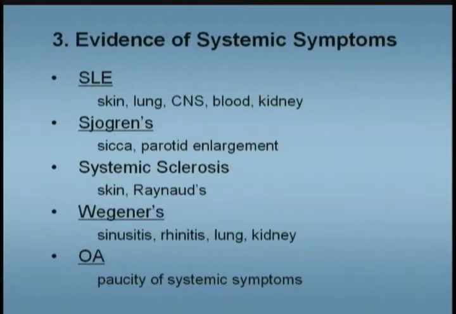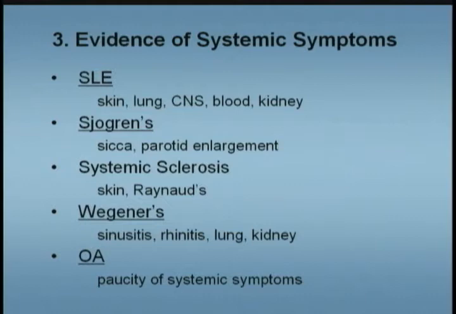The third one that's important in rheumatology, because some of these diseases have very interesting manifestations and systemic symptoms, is evidence of systemic symptoms. That's what you look for. And think about the different diseases. For example, lupus is going to present with multiple organs involved.